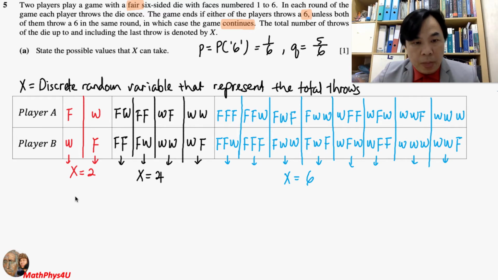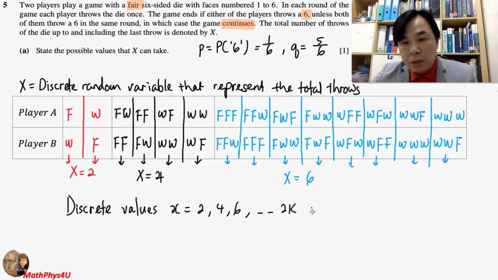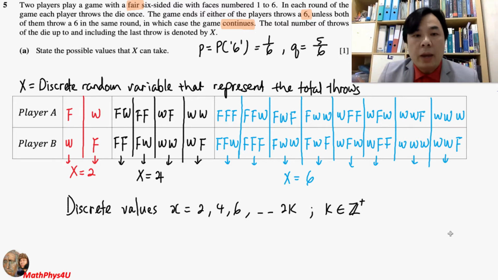So therefore, I would label that the discrete values x can take on: 2, 4, 6, and so on and so forth. Of course, all these are multiples of 2, or even numbers in this case, where k is a positive integer. Right? And then that is my answer for A there.